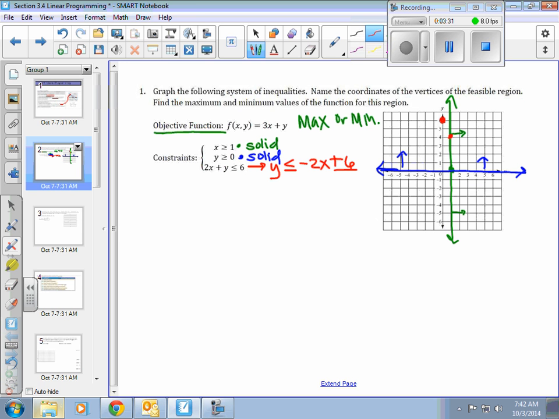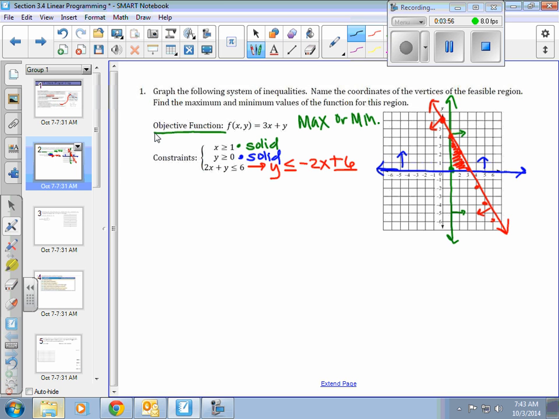Down 2, to the right 1, down 2, to the right 1. This is also going to be a solid line because it is equal to. As you can see, y is less than, so I would shade below the line. So this would be my feasible region.